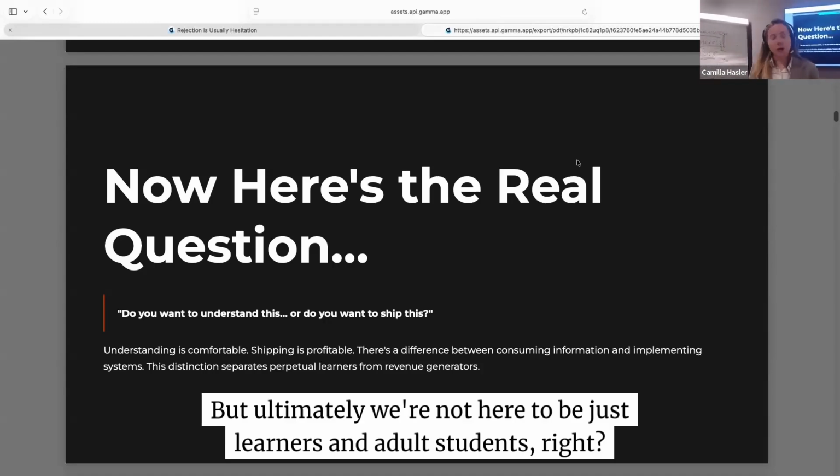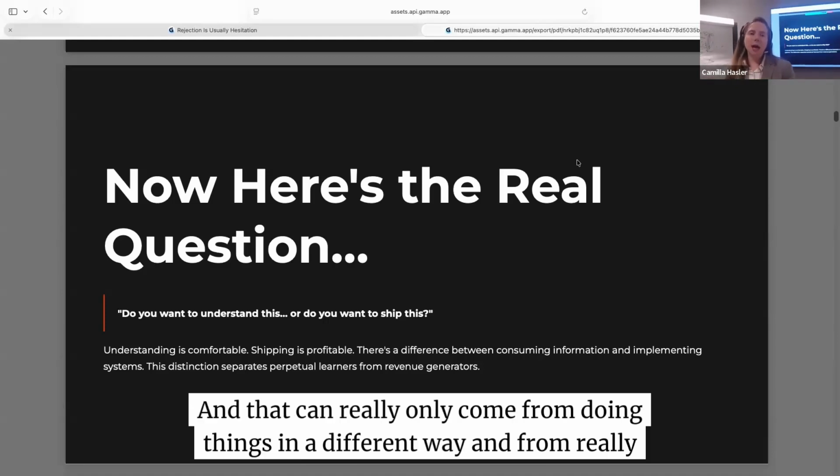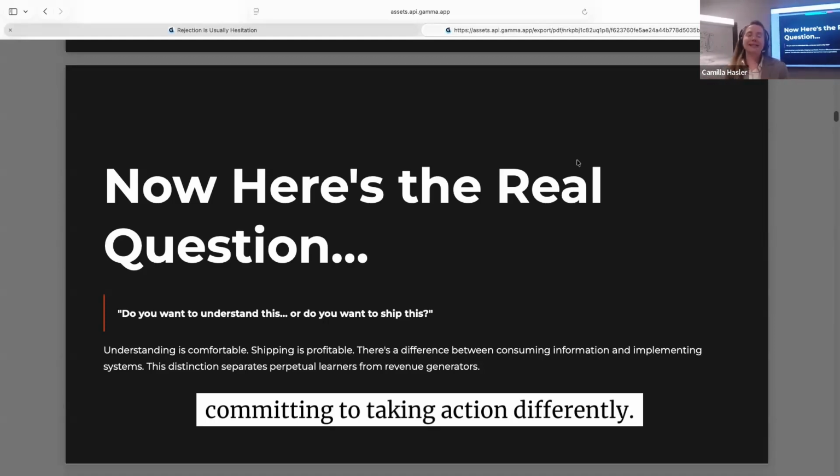But ultimately, we're not here to be just learners and adult students. We want to actually see growth and results and benefit. And that can really only come from doing things in a different way and from committing to taking action differently.